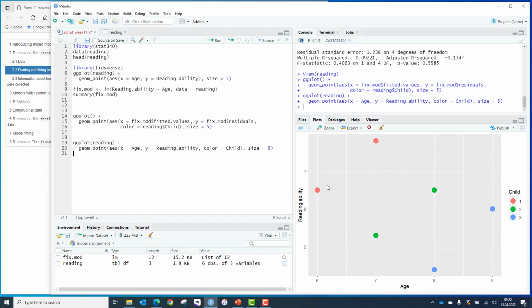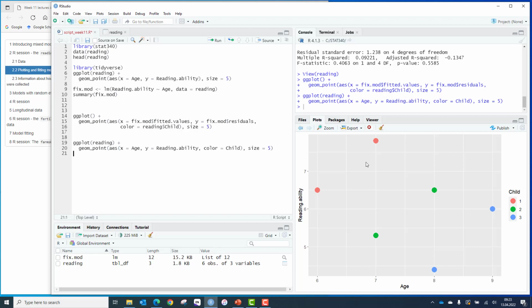There is a dependency here because once you have made the first measurement, and you now have the other 5 data points to choose among if you didn't have any color, but you had this information. Once you know that this is the reading ability of child 1, then you will immediately guess that this is the second measurement of child 1. Not this one, or this one, or this one.